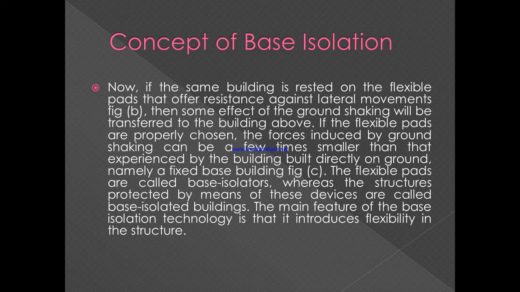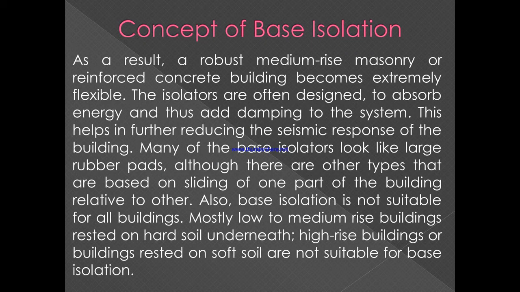So the flexible pads are called base isolators, whereas the structure protected by means of these devices is called a base isolated building. The main feature of base isolation technology is to introduce flexibility in the structures. So these are some of the concepts. You can go through that. Lots of theoretical part is available, so we will concentrate on the main part.